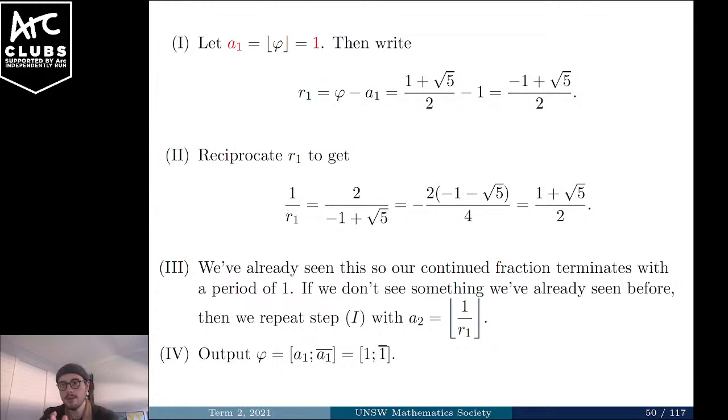So 1, because we're talking about the integer part of the number, and beyond that we're now talking about the fractional part of the number. Maybe I misspoke when I kept talking about finding the integer part. You are finding the integer part, but the integer part of the original number is found in this first step.